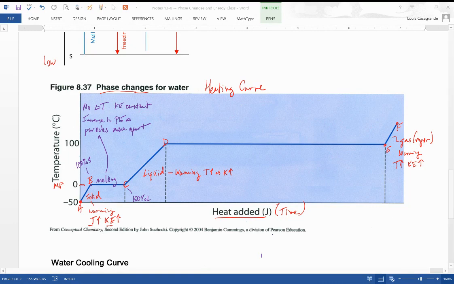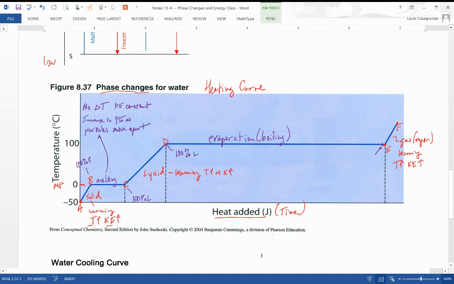Likewise, in this long region from D to E, we are vaporizing or evaporating. Now again, this is really boiling, and we'll talk more about boiling in the next class. At point D, we're at the boiling point, 100% liquid.